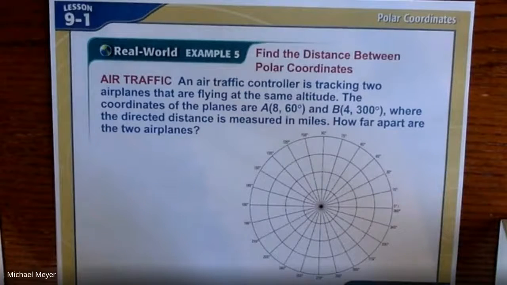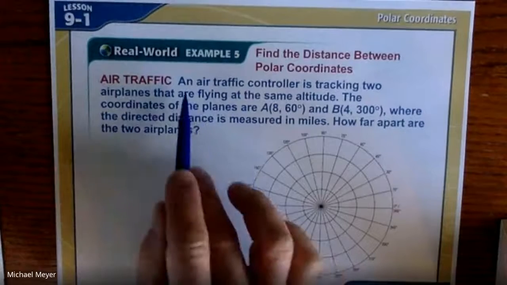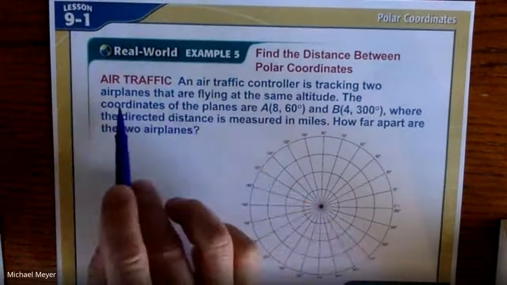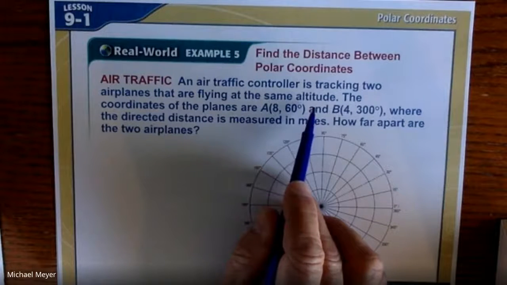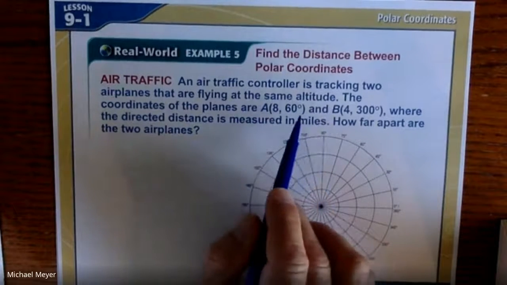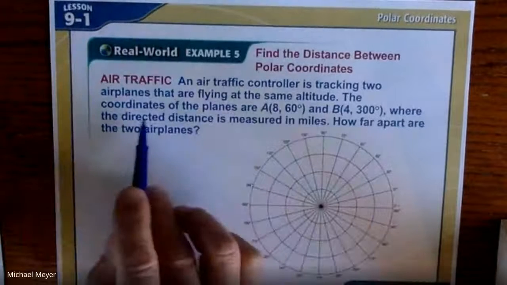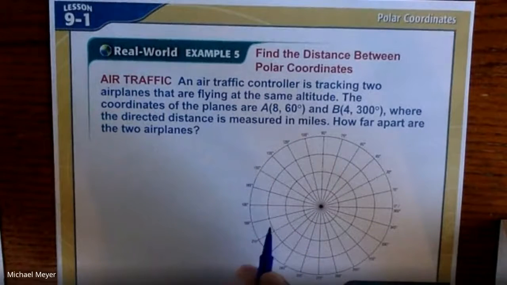Okay, one more. We got an application problem here. So let's see what we got. An air traffic controller is tracking two planes that are flying at the same altitude, right? Visualize that. Two planes at the same height. The coordinates of the planes are at 8, 60 degrees. So let's see, 8, 60 degrees.